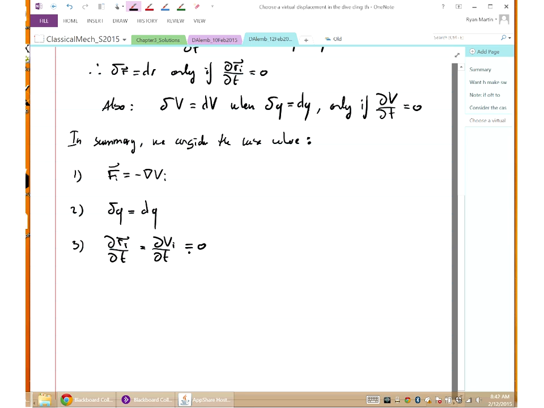We choose the case where ∂Ri/∂T is equal to ∂Vi/∂T equals 0. So this last point means that delta R is equal to dr and delta V is equal to dV.